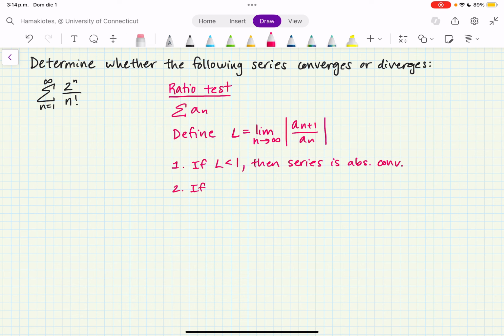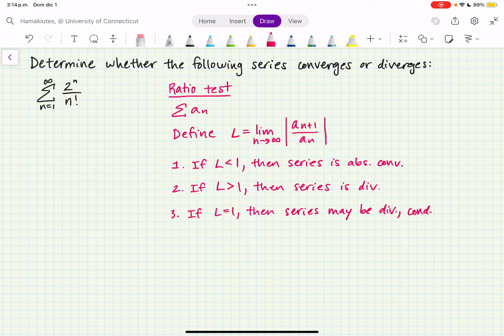If L is greater than 1, then the series is divergent. And if L equals 1, then this test is basically inconclusive. So the series may be divergent, conditionally convergent, or absolutely convergent.